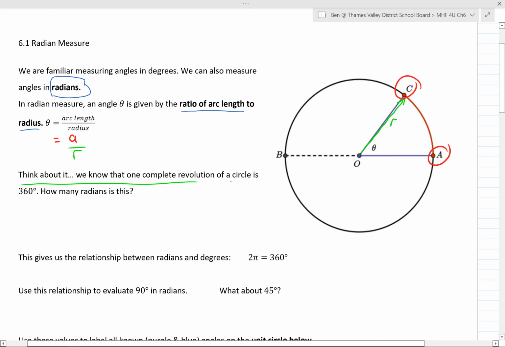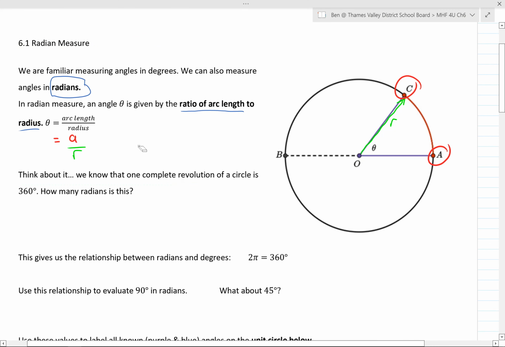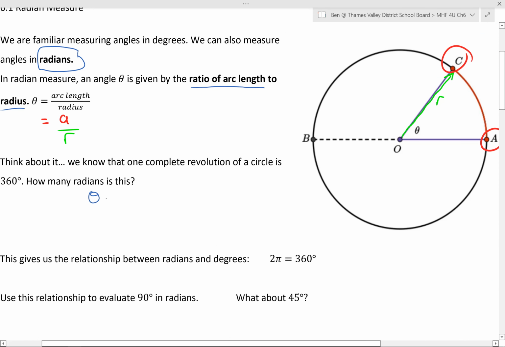Okay, so we know that one complete revolution of a circle is 360 degrees. We need to ask ourselves, how many radians is 360 degrees? Well, we can figure this out easily because the angle theta, measured in radians, is equal to the arc length divided by the radius. The arc length of 360 degrees is the length all the way around the circumference of a circle.